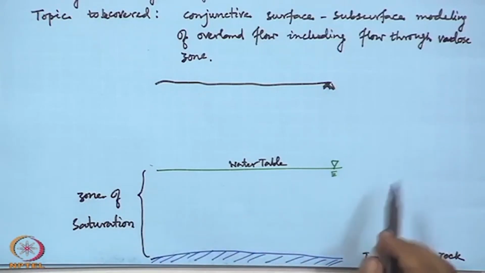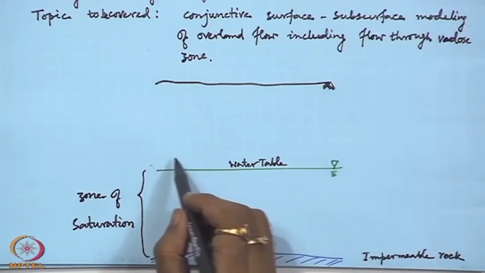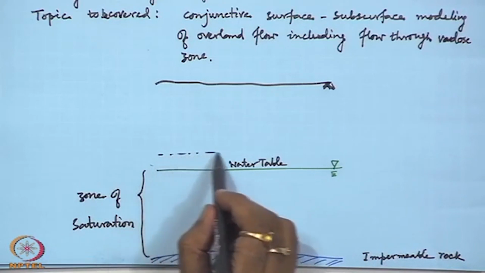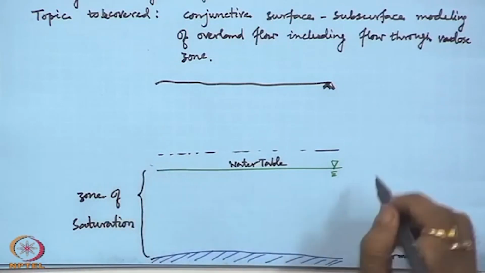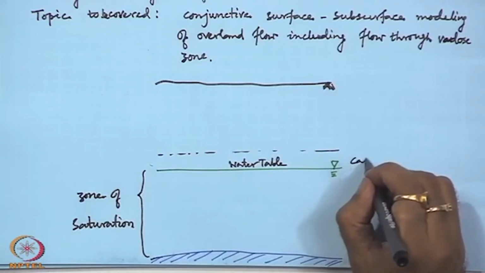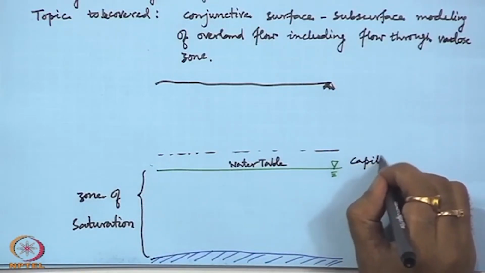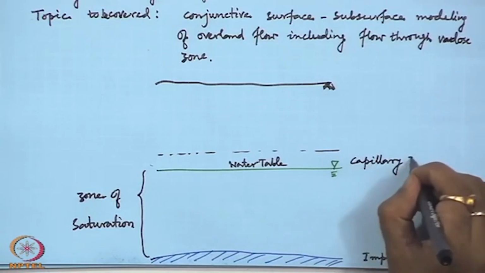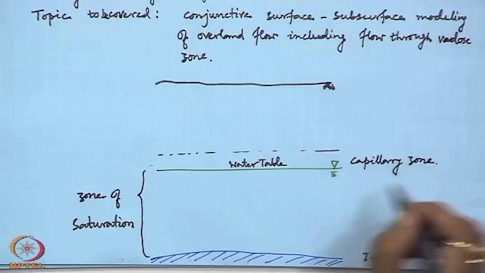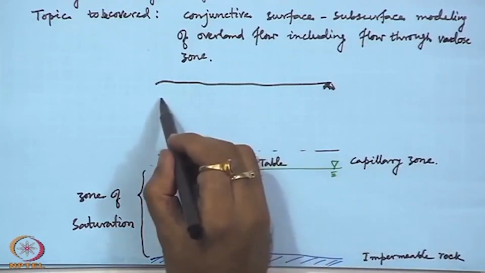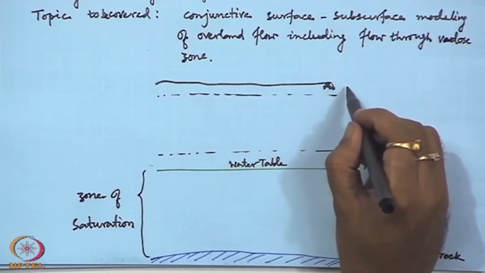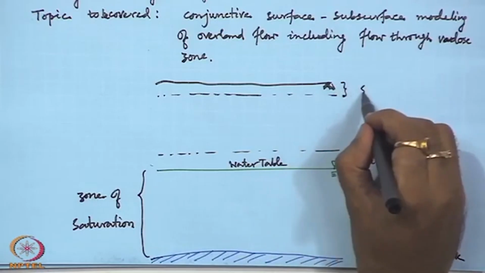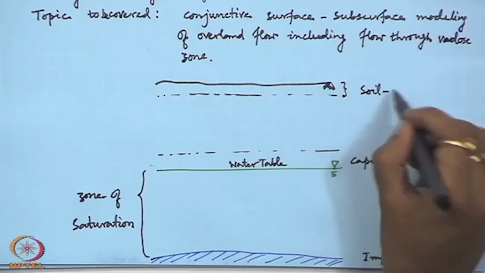and above that there is a thin region which is called as capillary zone, and near to surface there exists another region which is called as soil water zone.